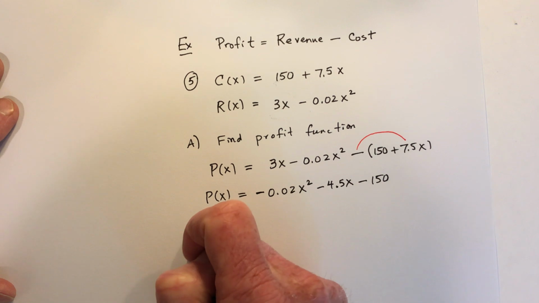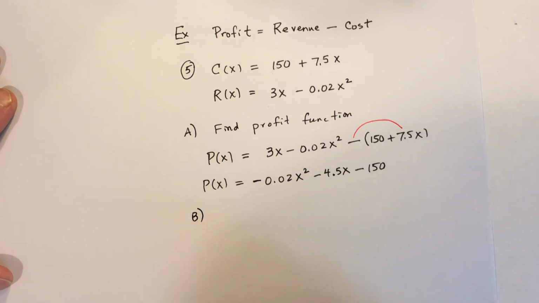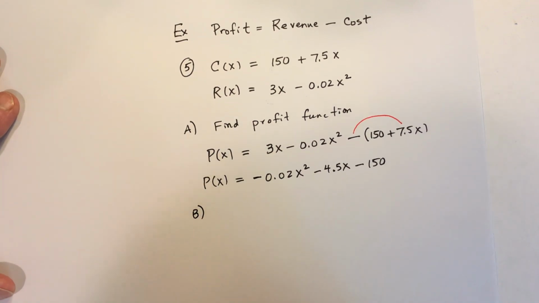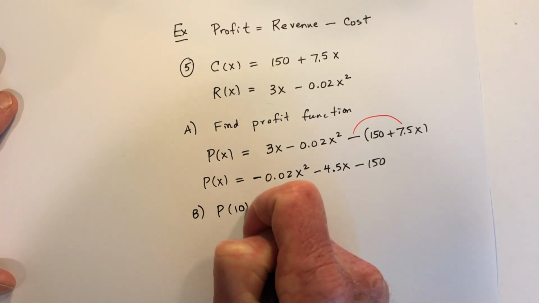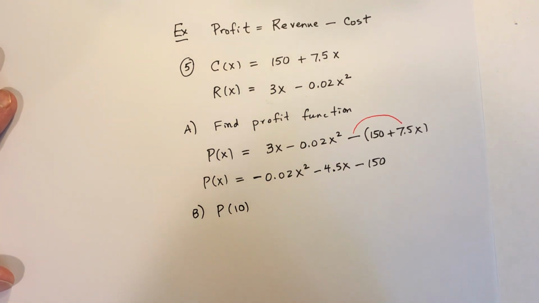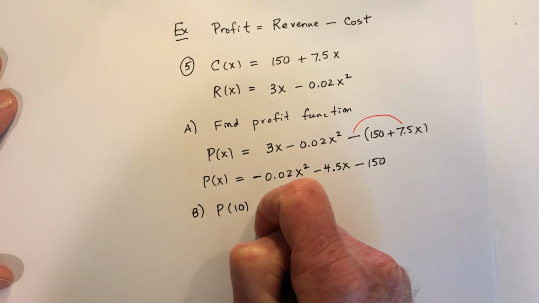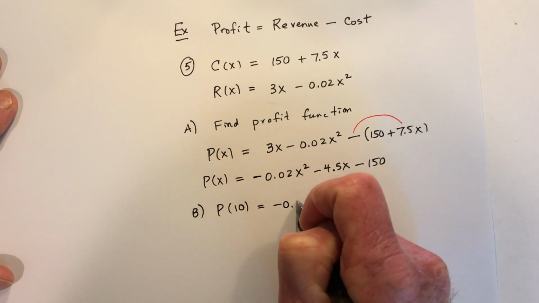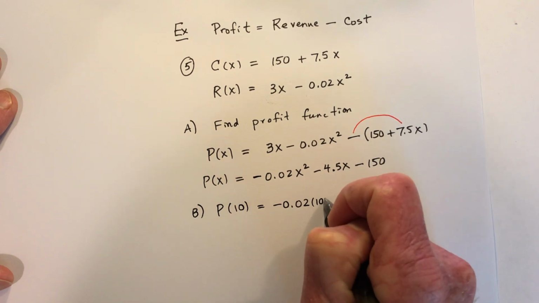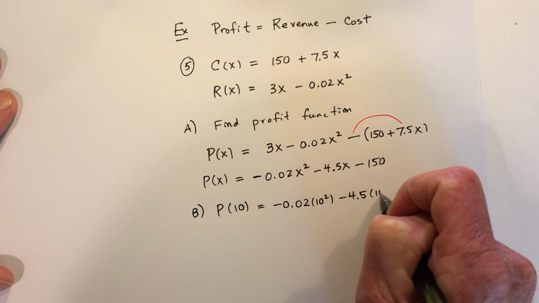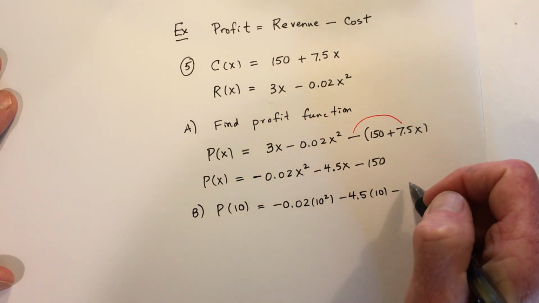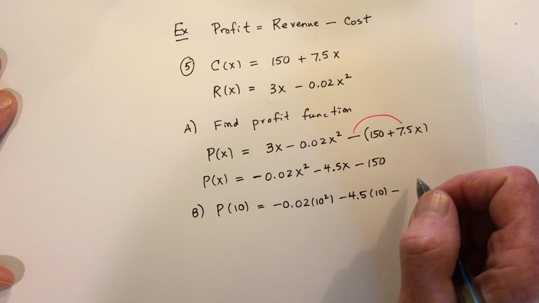Okay, so then part B. So then find what is P of 10. So in other words, what would their profit be if they made 10 of these things? So just plug in the 10. So negative 0.02 times 10 squared minus 4.5 times 10 minus 150.